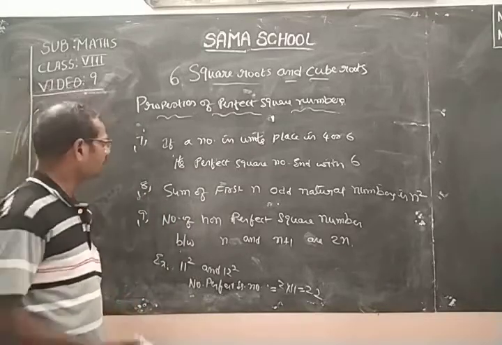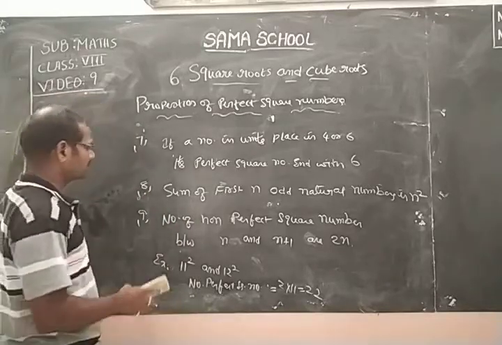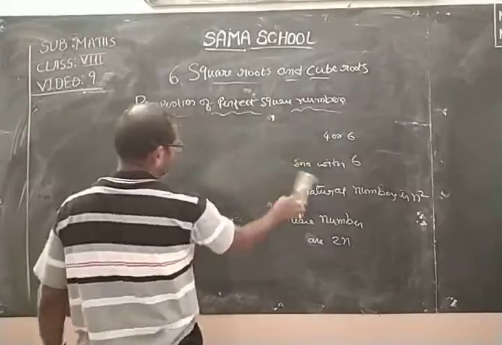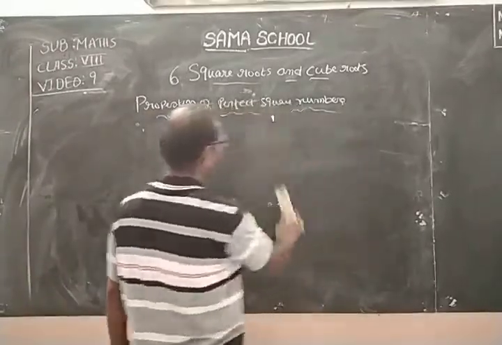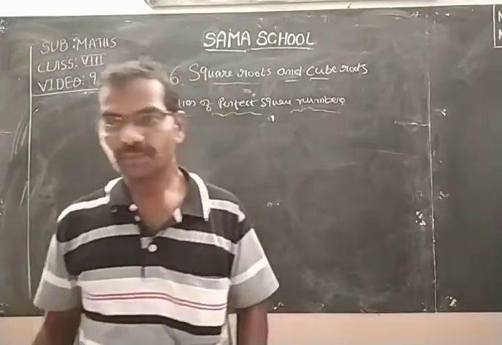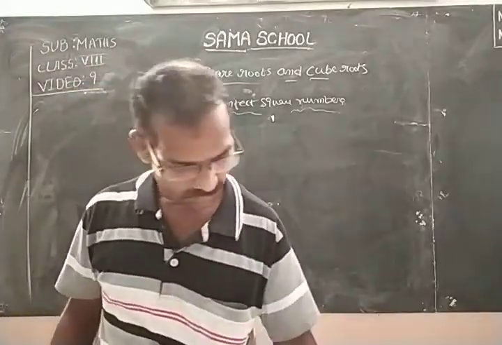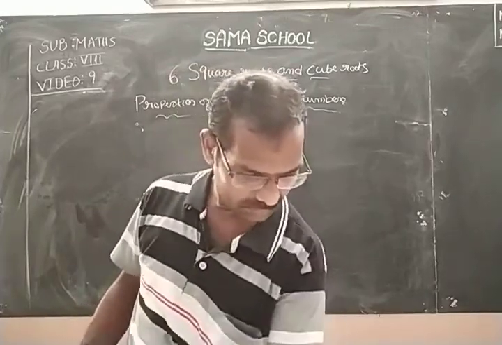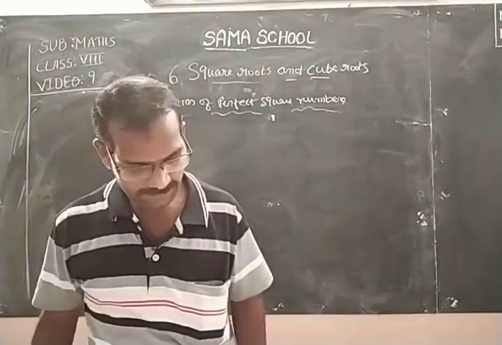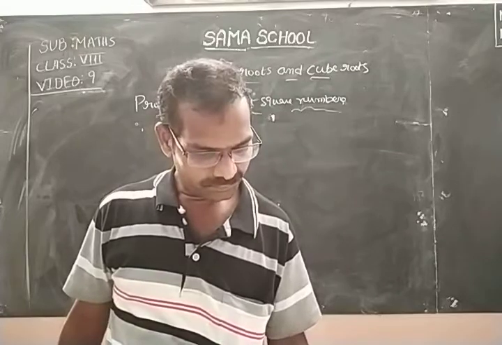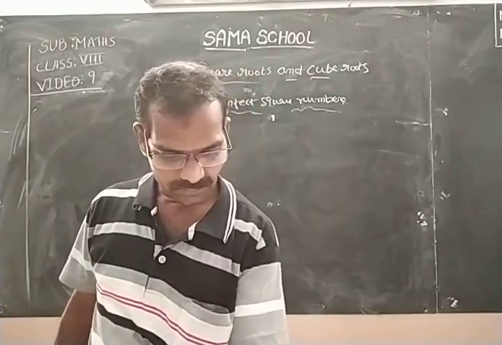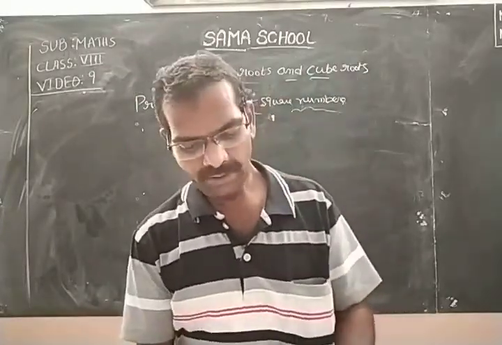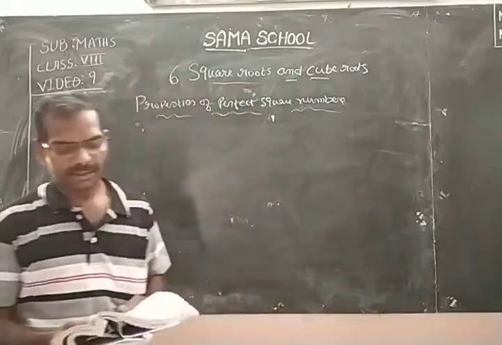Okay. Now I am wrapping this. You can say clearly, find the perfect squares between 100 and 150.